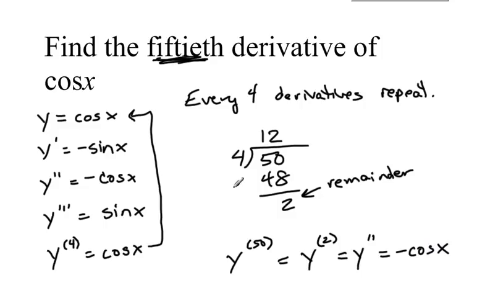All right, so hopefully that makes sense. We divide by 4 because we know every 4 is the same, and the remainder tells us how many extra we're left over with. Because if we came out even to the fourth, we're back to the original function. So the 48th derivative would be like the fourth derivative, the 49th would be like the first, and the 50th would be like the second derivative.